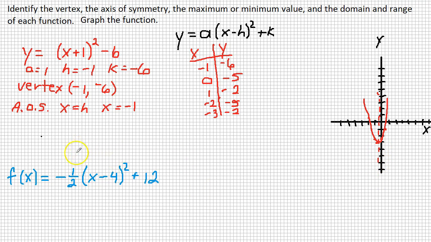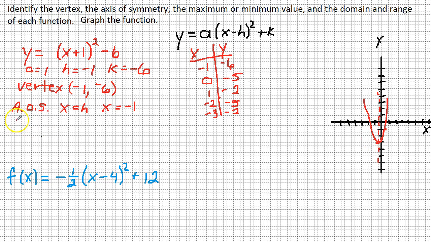Now we also have to find maximum and minimum. Well, you notice this opens up. When it opens up, we don't have the top of a hill, we have the bottom of a valley. So our vertex is where the minimum is at. The minimum value is the y coordinate of the vertex, and it is found at where the x coordinate is.